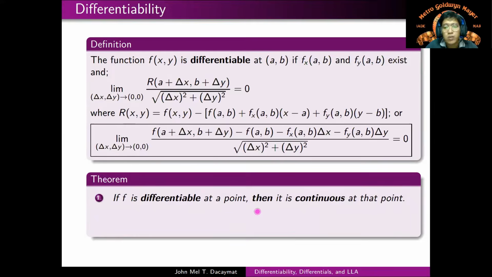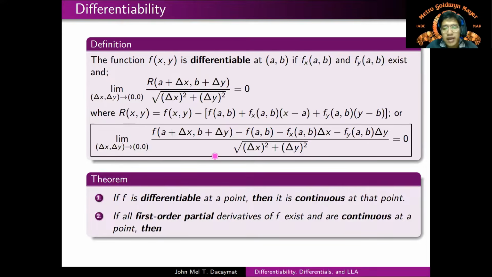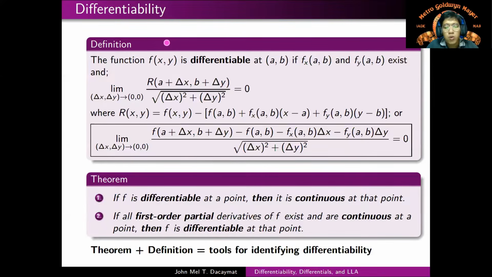Otherwise, it will violate this fact. And number two, my first order partial derivatives should exist and should be continuous at a particular point for my function to be differentiable at that point. Okay, now these two will be our tools in identifying whether a function is differentiable at a point or not.